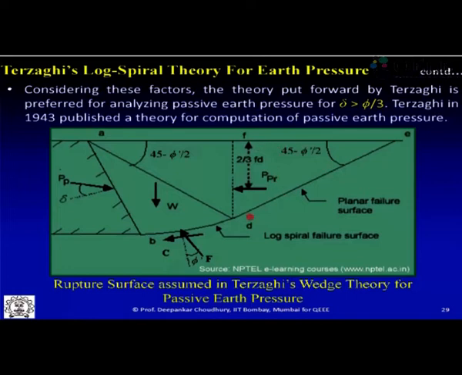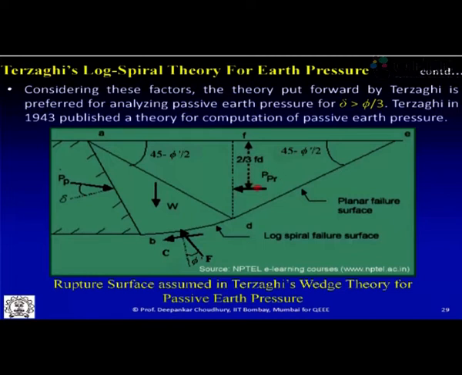On this Rankine passive zone, now you know what your Rankine passive earth pressure is. That means this PPR is nothing but the Rankine passive value. It is acting at 1/3 from the base of the wall, that means from the ground surface it is at 2/3 of the height of total FD. So this value of PPR for an assumed failure surface you can easily get.